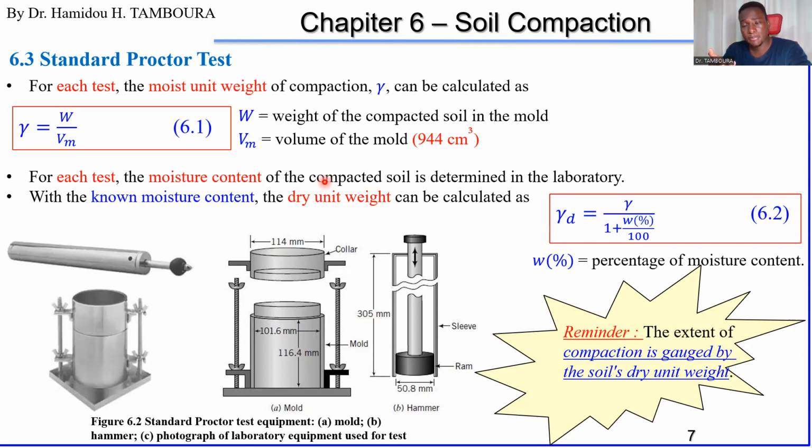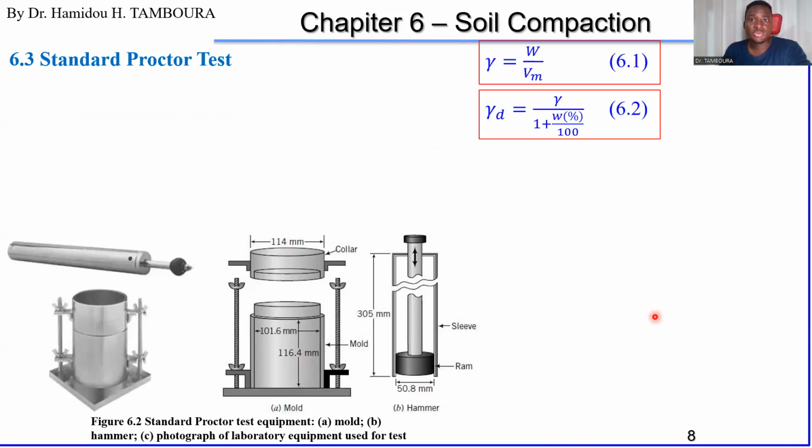Okay. So if you obtain the water content and you have the wet unit weight, by using this formula, you can obtain the dry unit weight. That is the most important part. Okay, let's go. I will just keep these two formulas here.